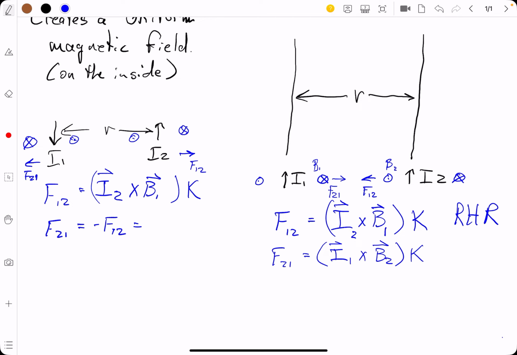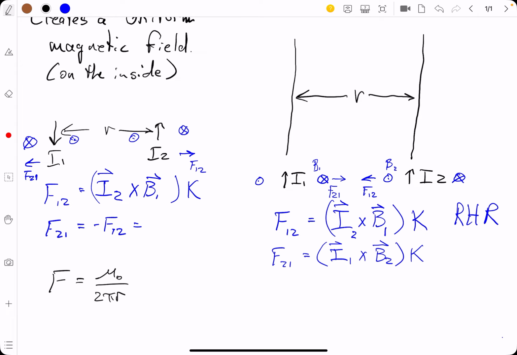All right, so let's get into what that force actually is. So what is that force? Well, it's the Lorentz force law that we're using. And we've got current times some length. So we use the Lorentz force. So we go mu naught over 2 pi r.